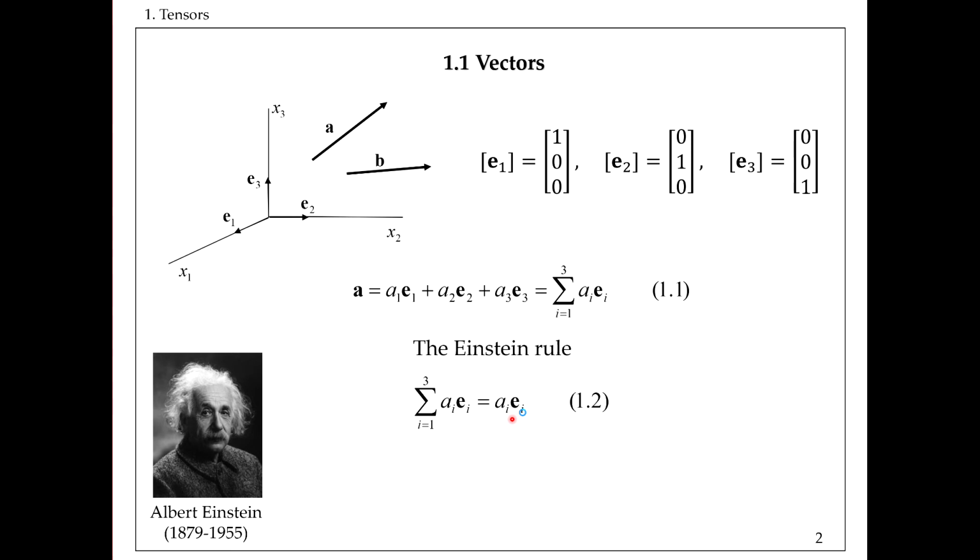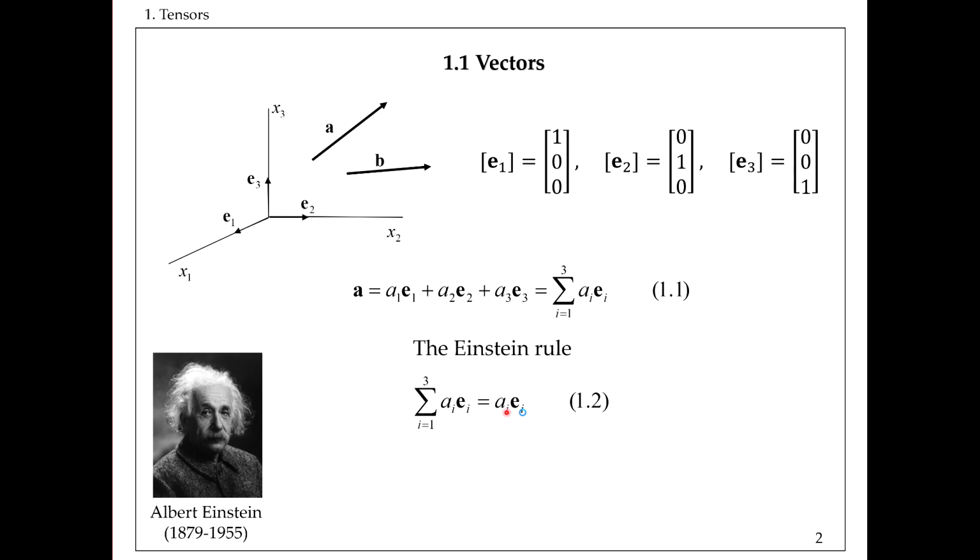One more comment: sometimes, as a slang, these indexes are called dummy indexes. The ones that are repeated are dummy, as opposed to free indexes. A free index is one where, without a summation, it has an actual meaning for the other components.